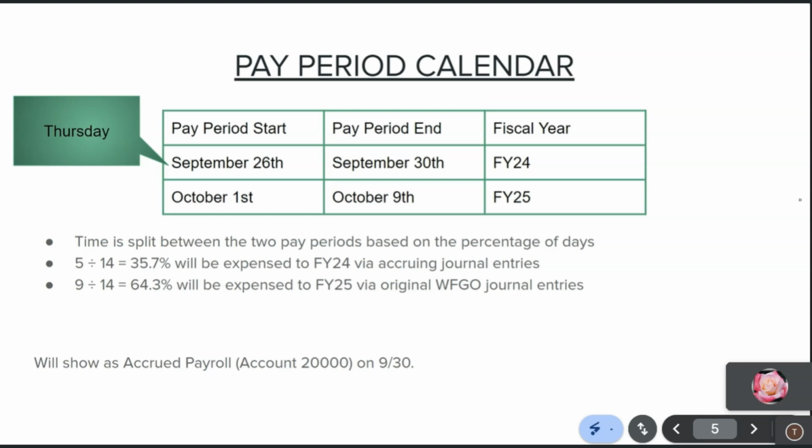So on 9/30, this pay period, September 26th to September 30th, will get accrued to September 30th, even though it's getting paid October 16th. With that split happening, just as it's bulleted there, 5 divided by 14 for fiscal year 24, 9 divided by 14 for fiscal year 25.